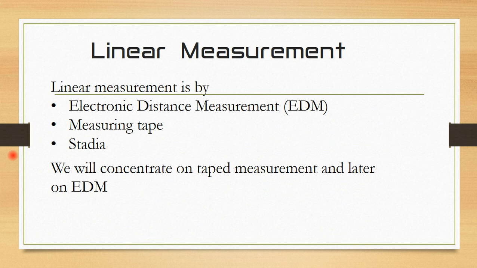You can measure the distance with a measuring tape, or you can use the stadia. Of course, there are other methods you could use, but we are going to discuss mainly the tape measure, the EDM machine, and the stadia. Those are the methods that we will be discussing at this level.